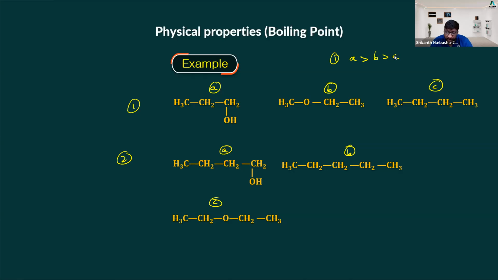I am not saying exactly the same. Molecular mass is almost the same. So for almost similar molecular masses, alcohols will have high boiling point, then ethers, then alkanes. Same. A will be greatest, then C, and then B for the second.